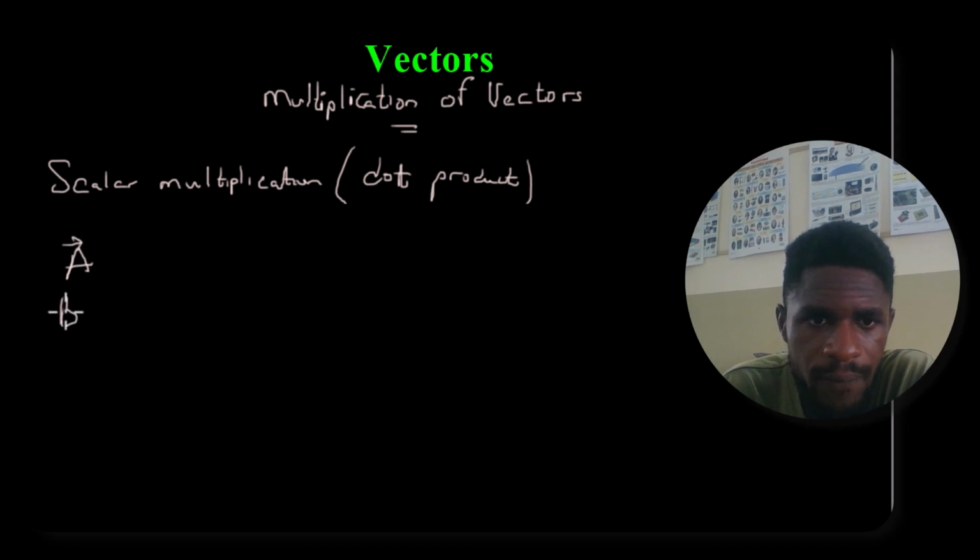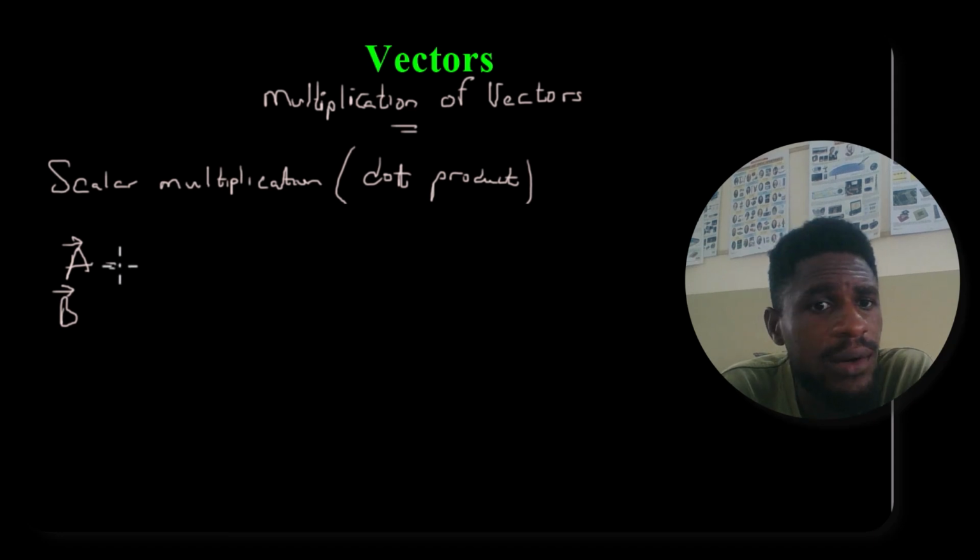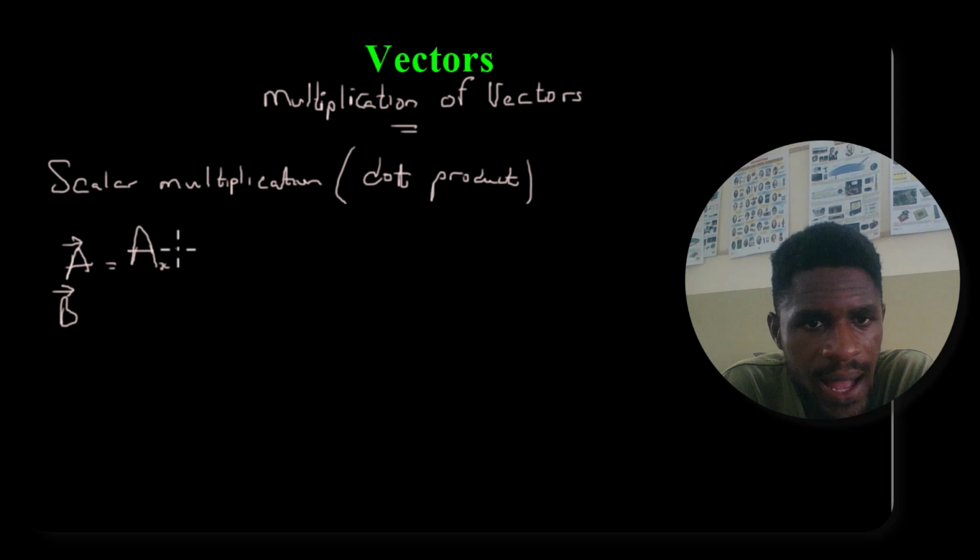and vector B. From resolution of vectors, we know we can write these vectors into its various components. That is, A vector can be written as A_x i plus A_y j plus A_z k.